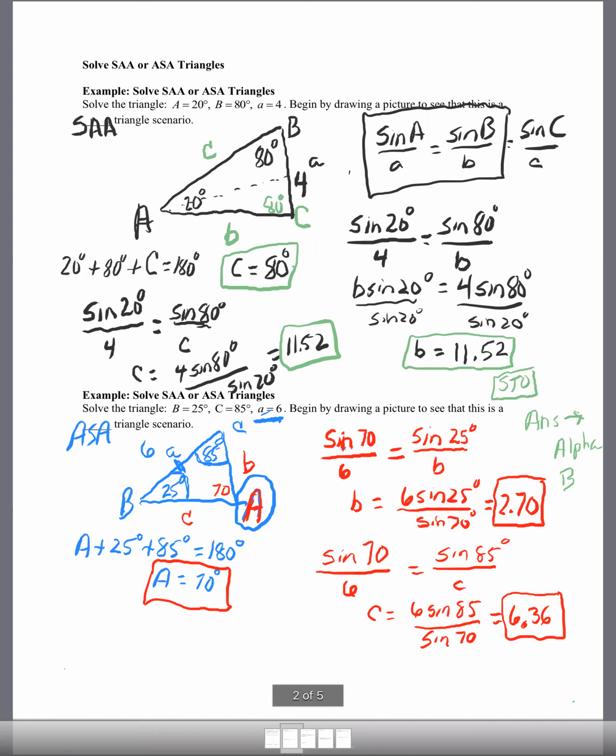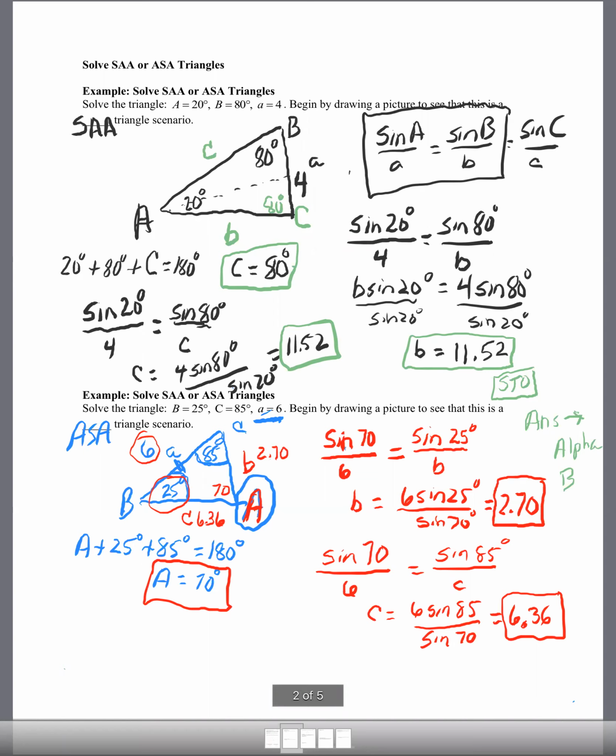Whoever is the largest angle has to be across from the largest side. Angle C is the largest. Side C was 6.36. Angle A was 70. It was next in line. It's across from 6. And then our last angle, which is our smallest angle, 25 degrees, is across from 2.70.